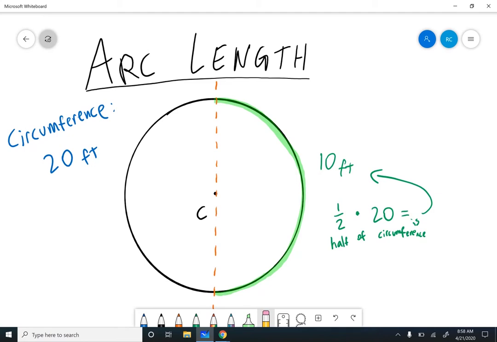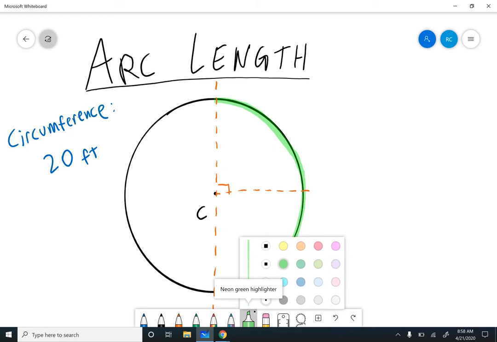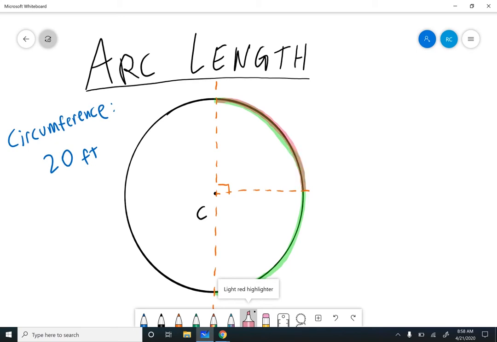Let's take another look. What if instead of having half of the circle, I only have a 90 degree slice. Now I'm looking at this arc here only.